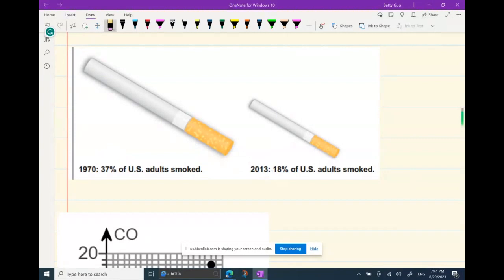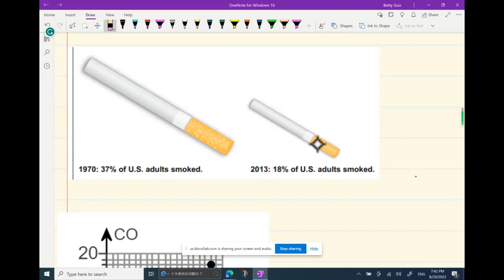Would you feel that the smokers in the 70s were only twice the smokers of 2013? Because you will think about the volume. Volume is a three-dimensional concept. I believe the painter wants to do this because this length is half of this length. The longer cigarette is twice the length of the shorter one.